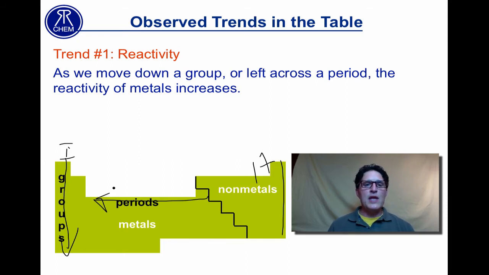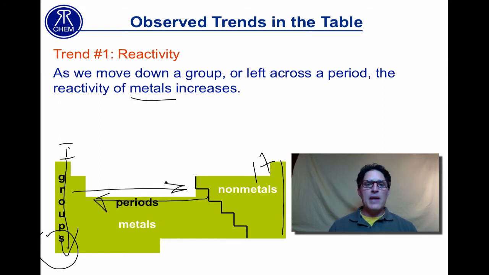Now, this is important that you realize here that we're talking about metals. We'll talk about non-metals in a second. So, as you can imagine, the element that probably is the most reactive is down in this bottom corner, and I'll let you determine which metal that might be. As we go across a period, so left to right across a period, reactivity decreases.